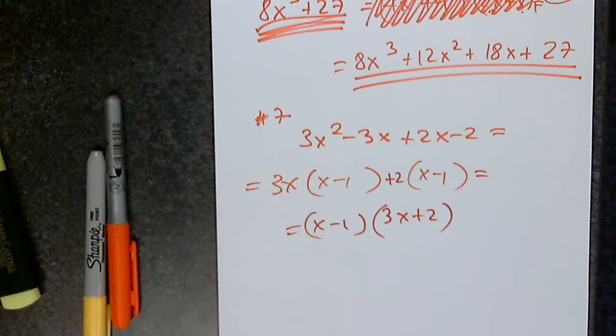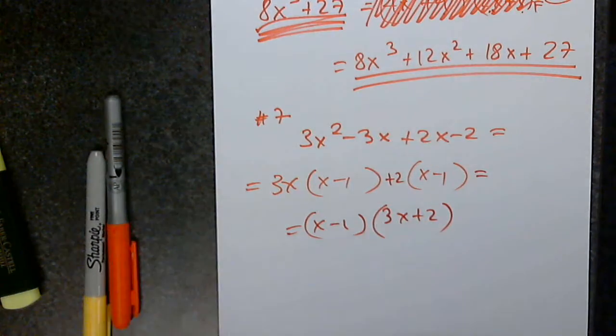Problem 37? Yes, 37. Negative 2x cubed. Oh, the problem is, we did 37 today. I can show it to you.